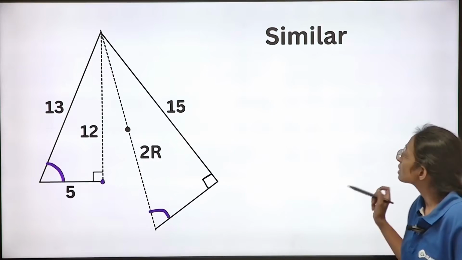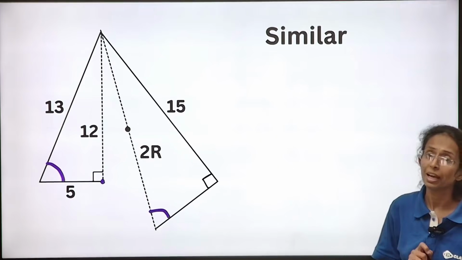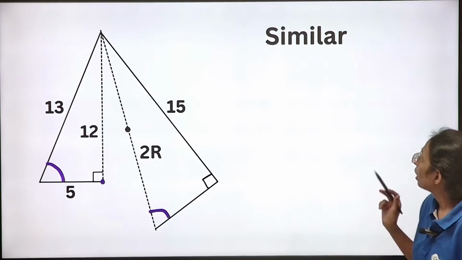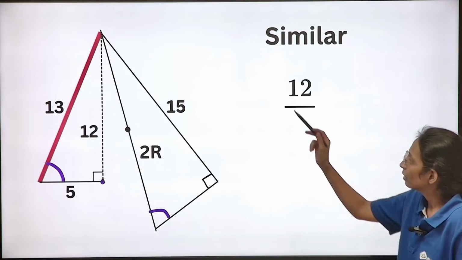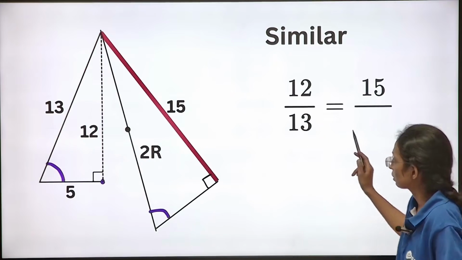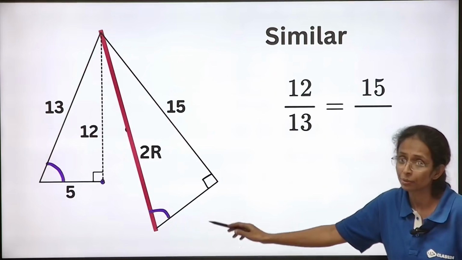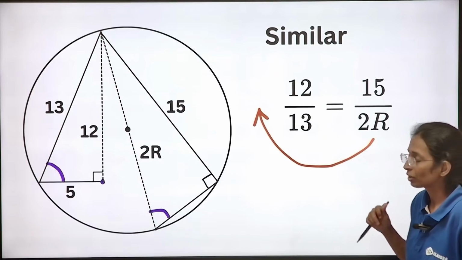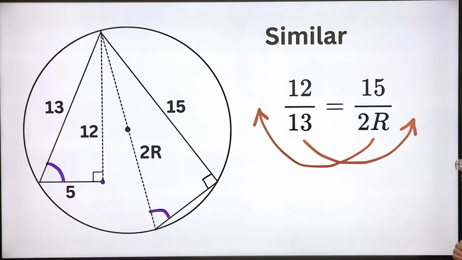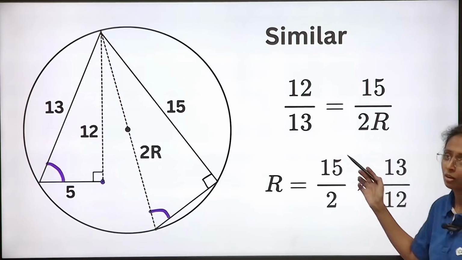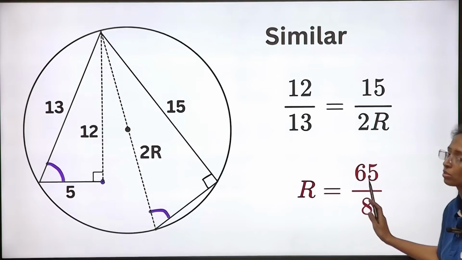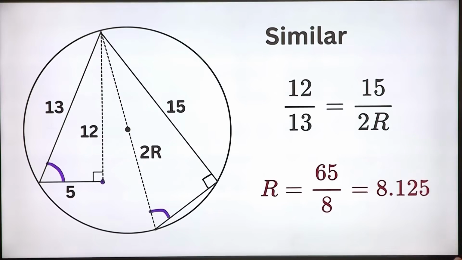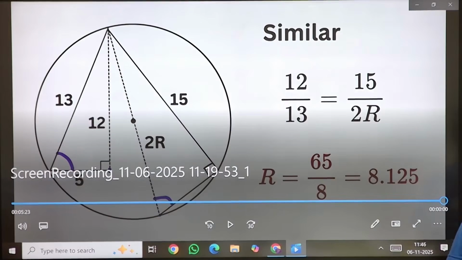So, they are similar by AA similarity. Now, applying the ratios of the sides, 12 upon 13 is equal to 15 upon the hypotenuse, which is 2r. So, calculating the value of 2r by interchanging the terms, we get r equal to 65 by 8, that is 8.12.